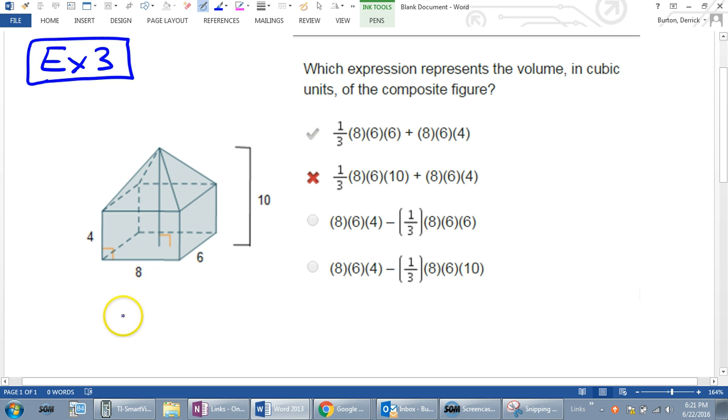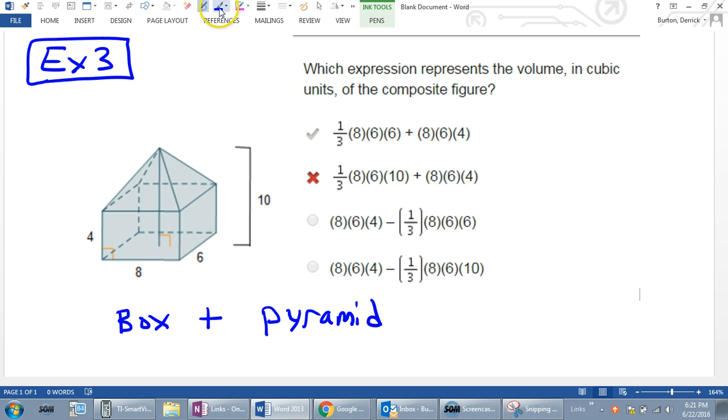When I look at this composite shape, I see a box and a pyramid. Can you see the box and the pyramid? Yep. So if I add the volume of the box and the pyramid, that should give me the total volume. So that's what I'm going to do.